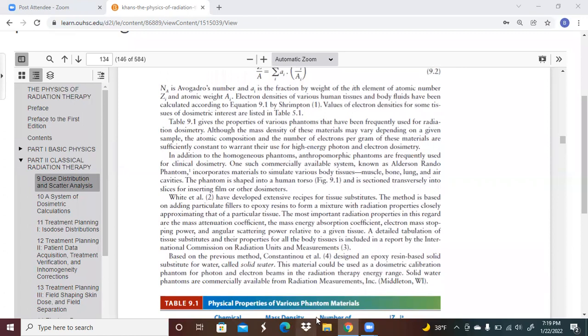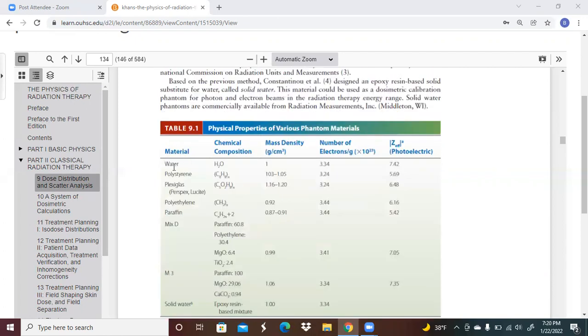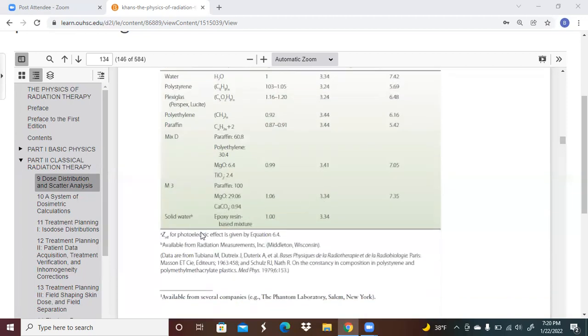In this table down here, we're going to have properties of various phantoms that are frequently used in radiation dosimetry. So you can see the waters or the materials that are listed here and what the mass density, number of electrons, and so on and so forth.